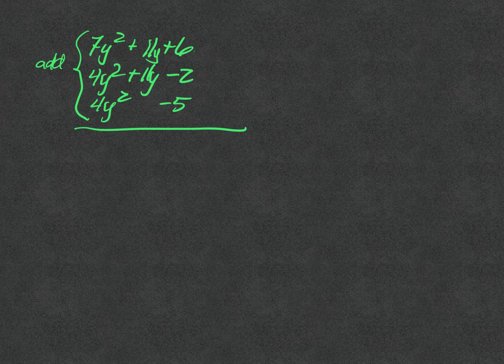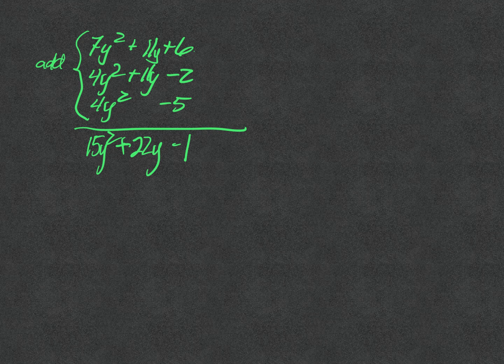So 6 minus 2 is 4, minus 5 is a negative 1. 11y plus 11y is 22y. And 7y squared plus 4y squared plus 4y squared is 15y squared. And so therefore, that would be the sum of those.